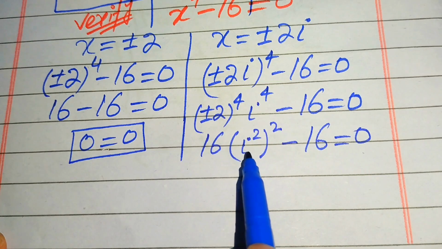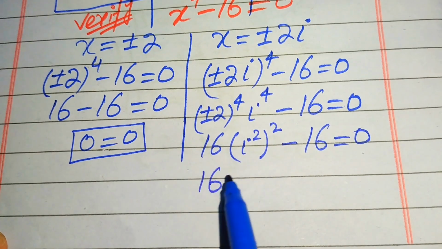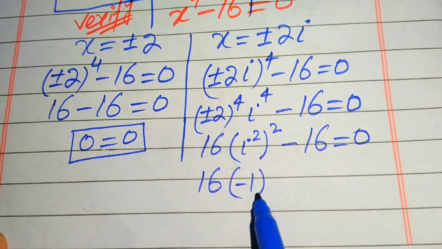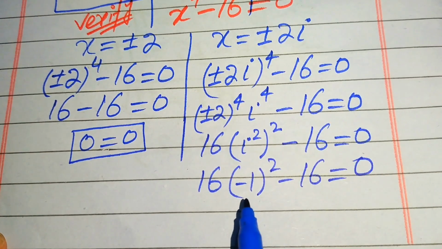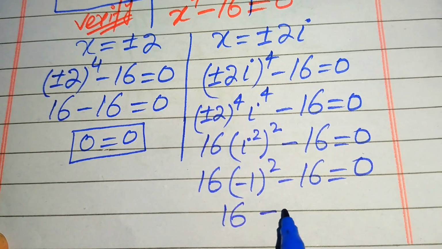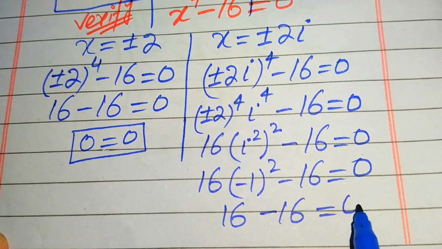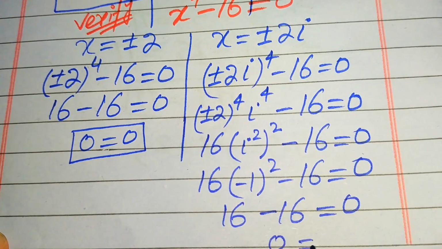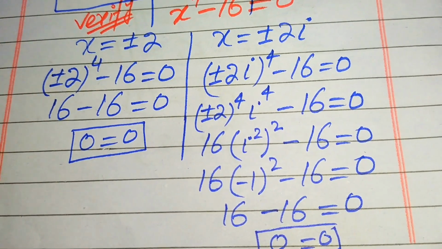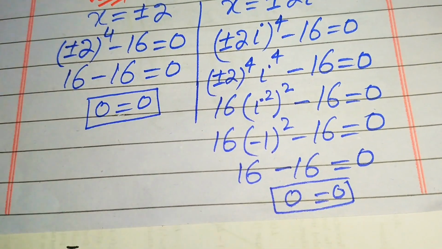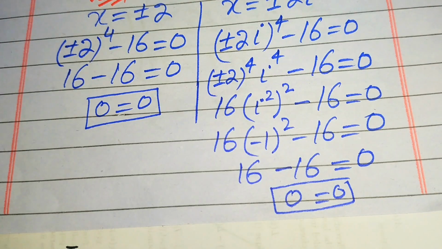So here we know that iota square becomes minus 1, and we get 16 times (minus 1) whole square minus 16 is equal to 0, and (minus 1) square becomes plus 1, and we get 16 minus 16 is equal to 0, and we easily get 0 equal to 0. This shows that both sides are equal. It means that all of the roots satisfy our given question statement.